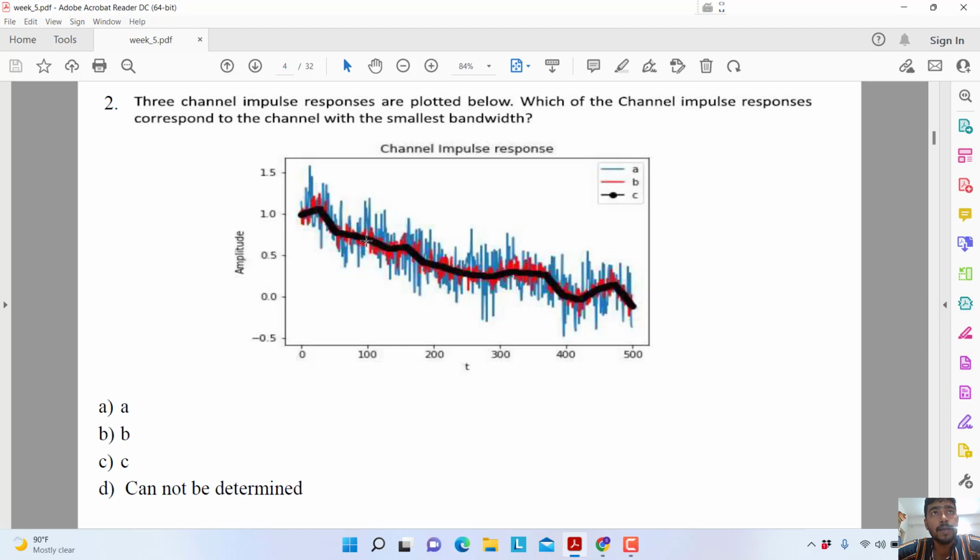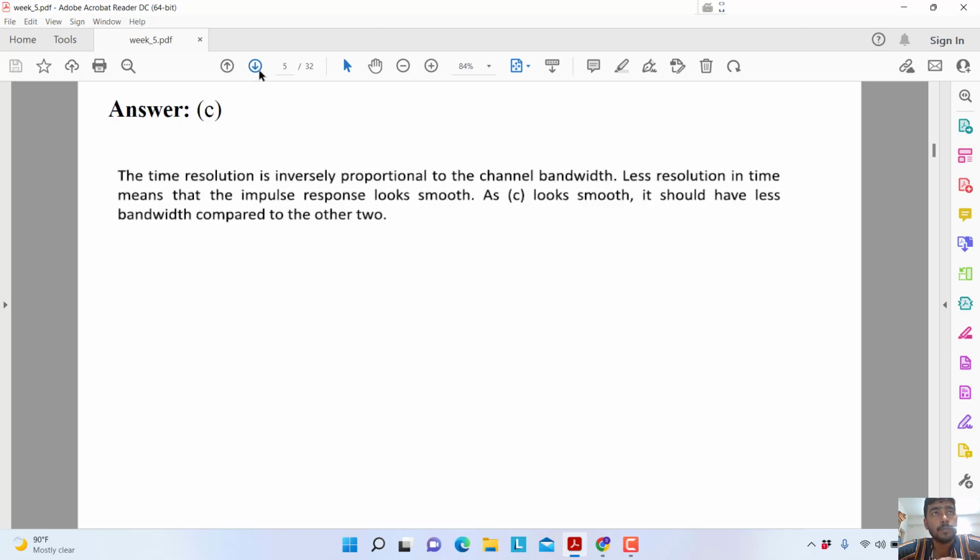If you see the black curve and compare it to the red and blue, black is more smooth, so it has the smallest bandwidth. So C is the right answer. If you compare blue and red, then red has the smaller bandwidth. But among all three, black is the right answer. So part C is our right answer.